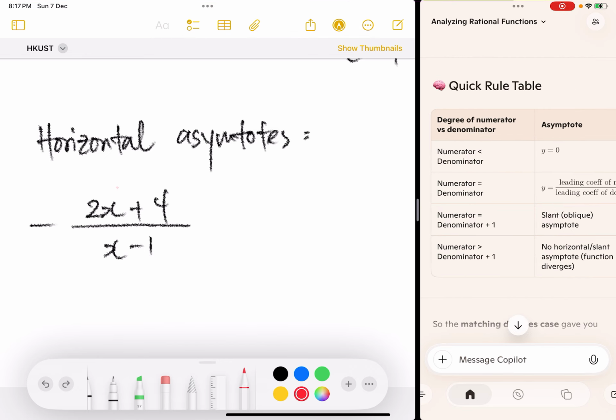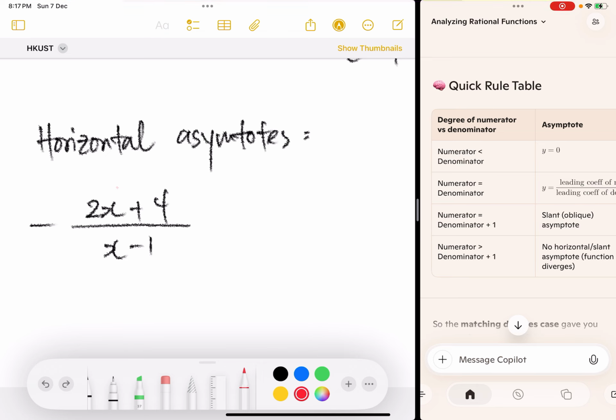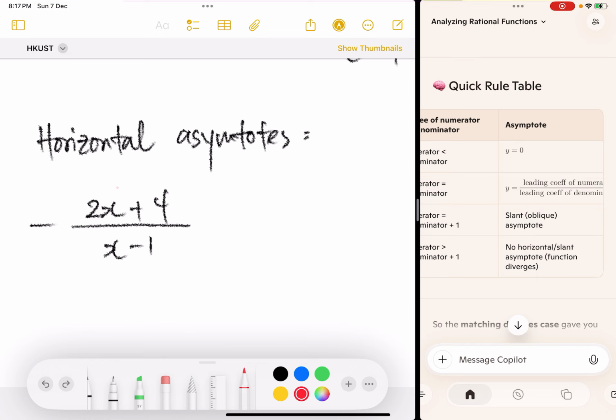When the degree of the numerator equals the degree of the denominator, y will equal the leading coefficient of the numerator over the leading coefficient of the denominator. Like we said earlier, the leading coefficient of the numerator is negative 2, and the leading coefficient of the denominator is 1. So the answer is negative 2.